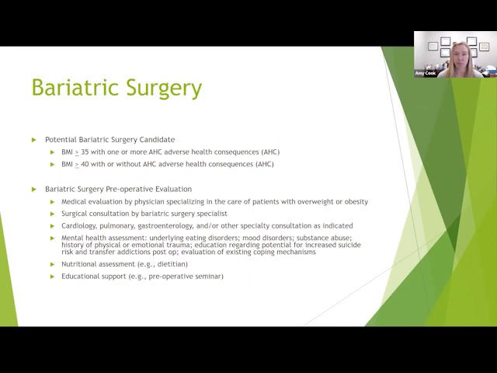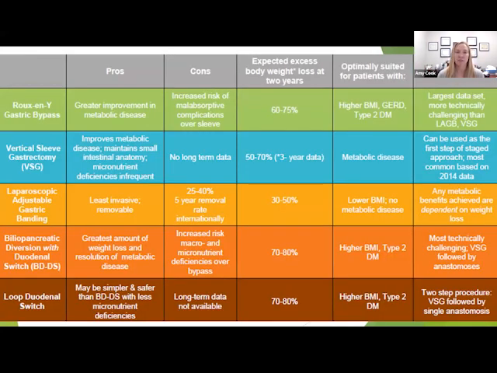Obviously, as primary care, we have to rely on our bariatric colleagues to help with the surgical consultation for this, but we can provide medical evaluation for caring for the patients. And then they often have to go through the mental health assessment, nutritional assessment, and educational support, which often is done in a bariatric center also. I've included this slide about the various forms of bariatric surgery.